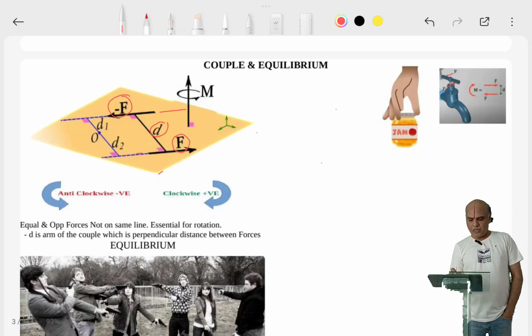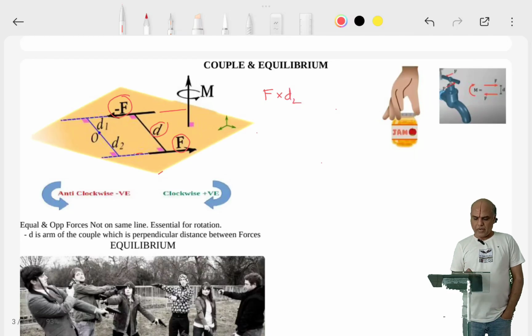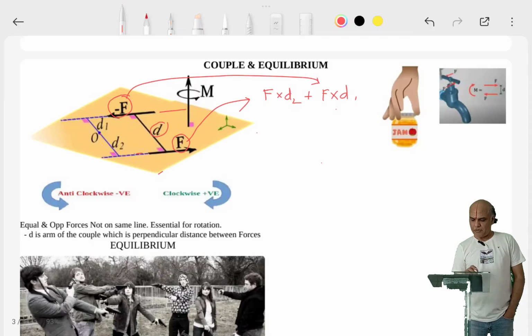Now if we consider the moment of these two forces about the point O, which is the pivot of the body, then for the positive force the moment is F into d2, and for the negative force it is F into d1.